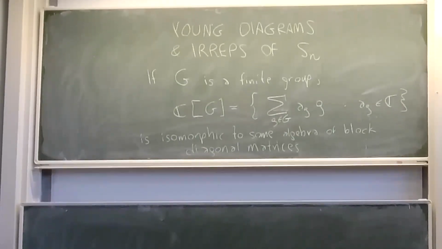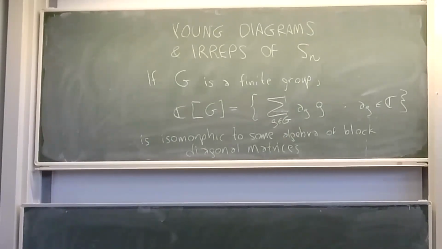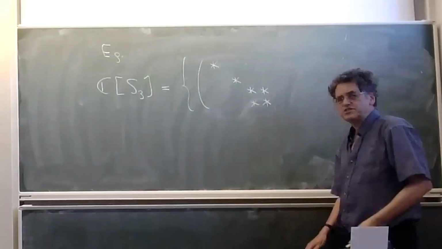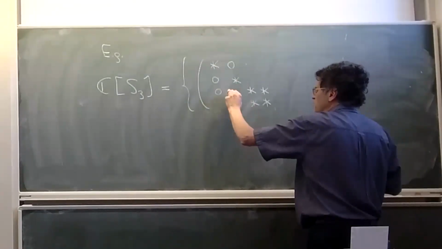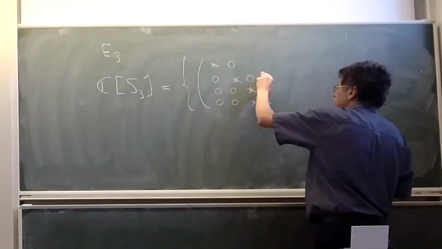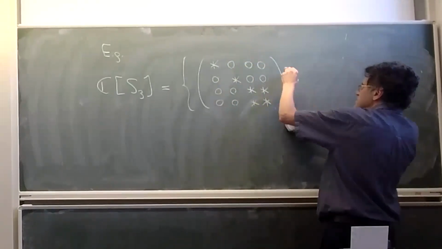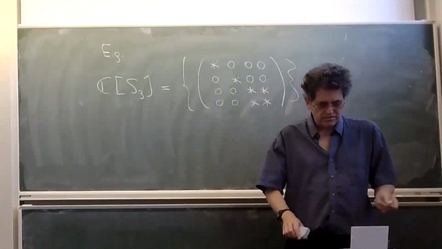So for example, this is going to be our running example. The group algebra of the permutations of a three-element set is isomorphic to the algebra of block diagonal matrices that are 4 by 4 matrices, but they have this kind of block form. There's a 1 by 1 block, and then another 1 by 1 block, and then a 2 by 2 block, like this. And we'll say more about that.